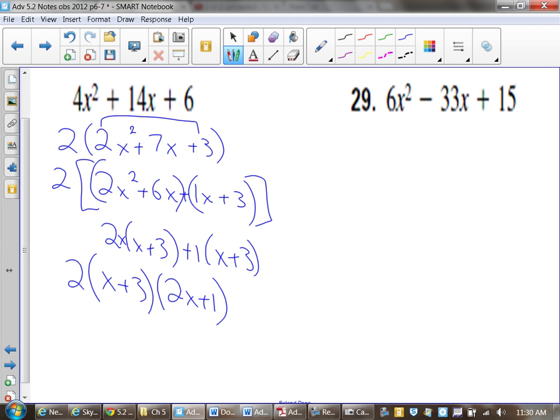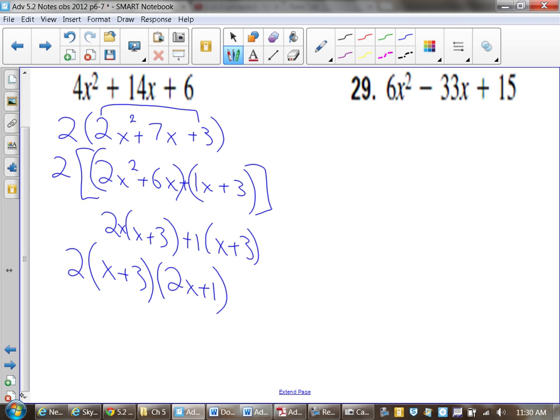We have to do that? You have to factor out everything. You cannot leave something in parentheses where it says 2x plus 4, because you can still factor it. See what I'm saying? So say we don't factor the 2 out at first and we get 2x plus 4. Then you can take out the 2 later. Okay, that's fine.